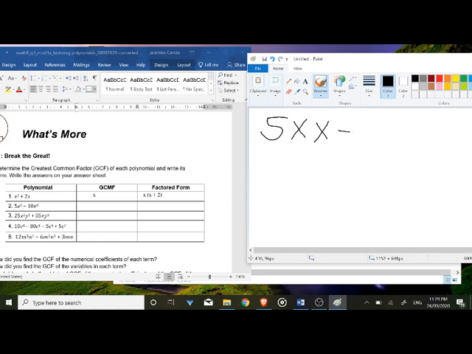Ano po yung factors ni 10 na maaaring may makita tayong common factor kay 5? So, pwede yan 2 times 5. That's 10x cube po yung given natin. So, 3x.